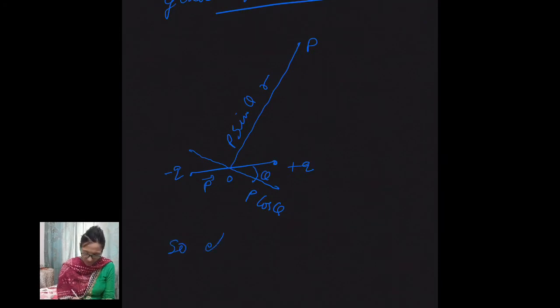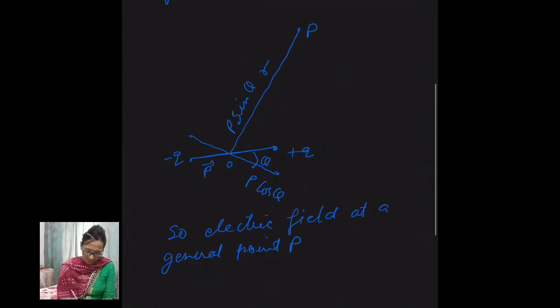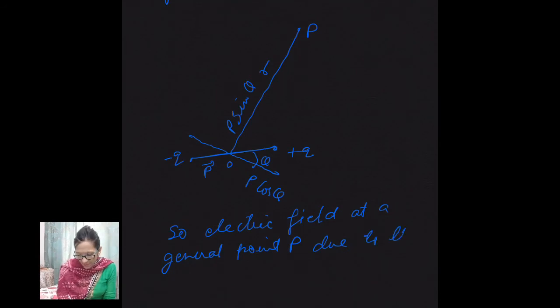It is not a distance, it is p cos theta. I have just resolved this vector into two components.